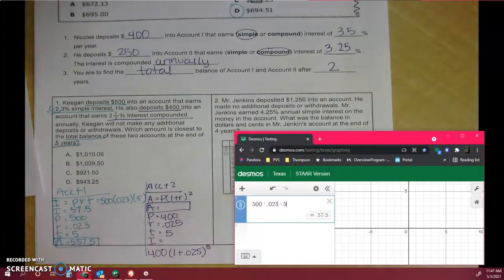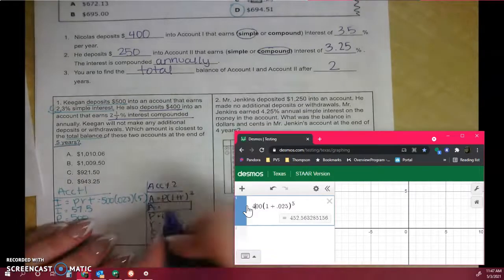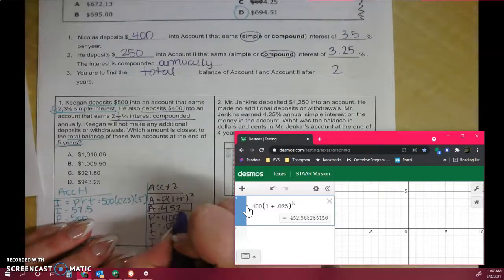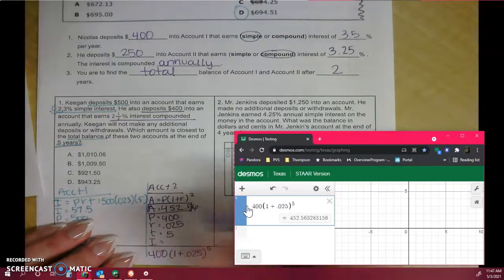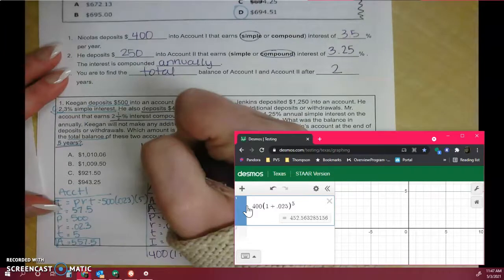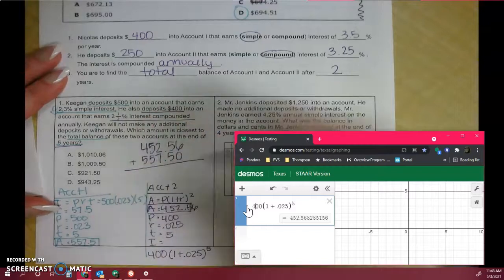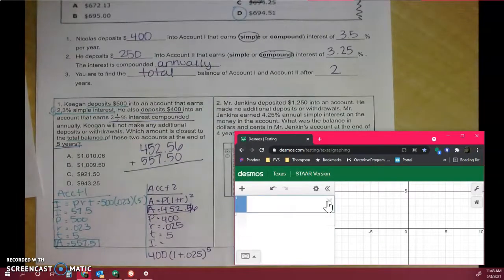So we pull Desmos back up and we can type that in. 400, 1 plus 0.025 to the power of 5, and that gives us 452.56, and we do have to add the two account balances up to get our total for both accounts.